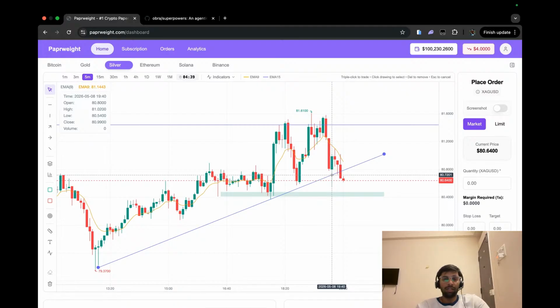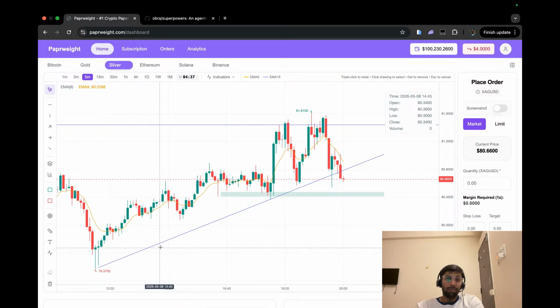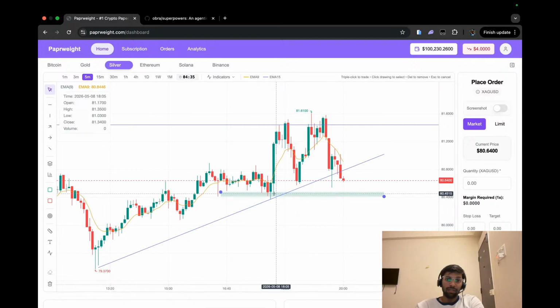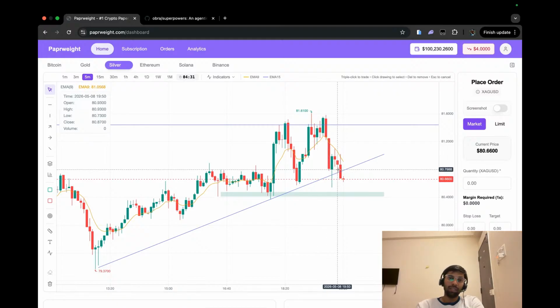And it is in the buying trend, right? This is all the support that we have. Everything is in our favor, but still it took a stop loss.